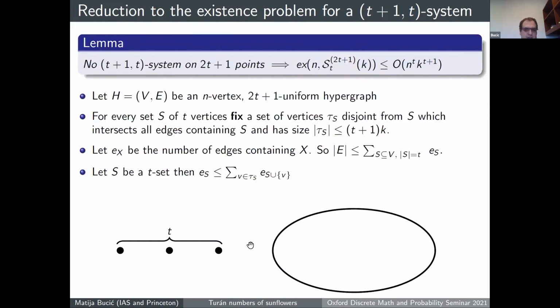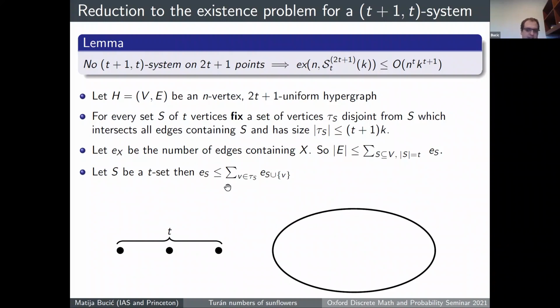So in particular, if we have our T set S, and we're trying to bound how many edges contain it, so we're bounding the size of a link hypergraph, then we know that every edge in the link hypergraph is covered by this tau of S. So if we count the number of edges which contain S together with each of the vertices in our cover, then we still count all of the edges that contain S.